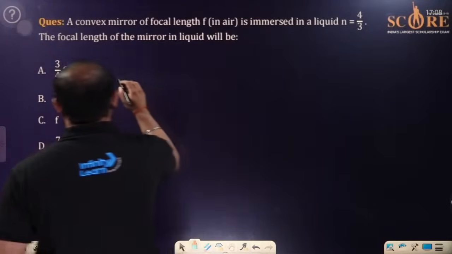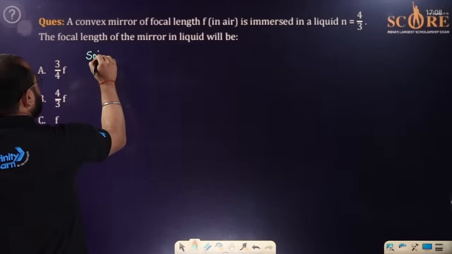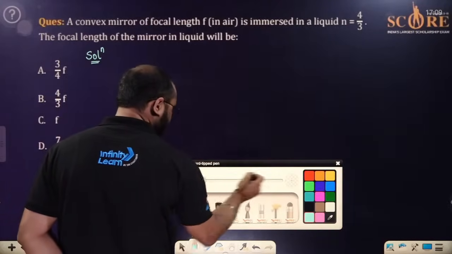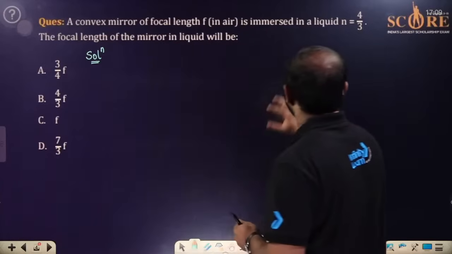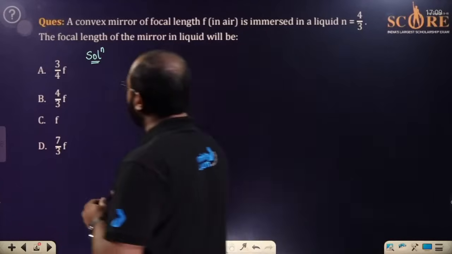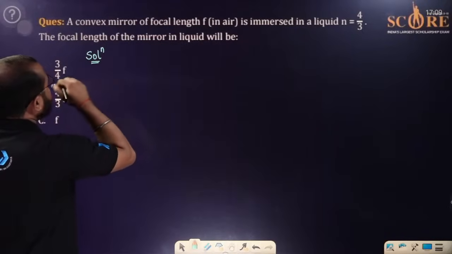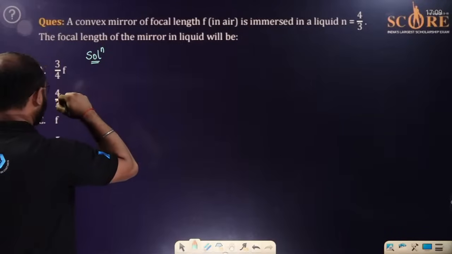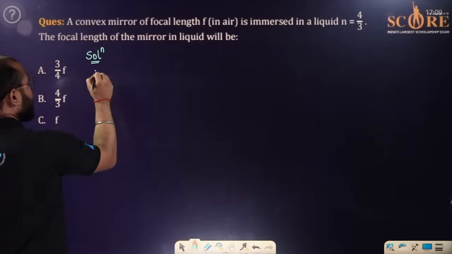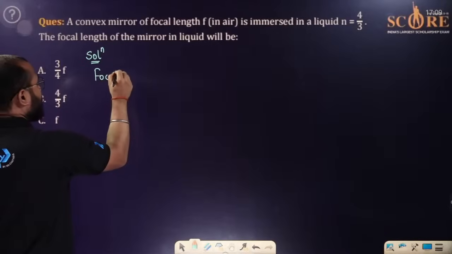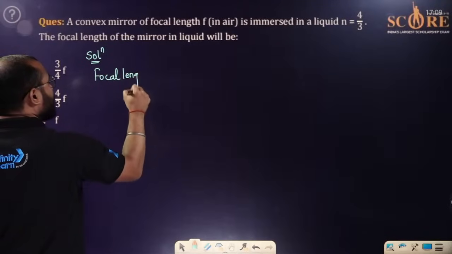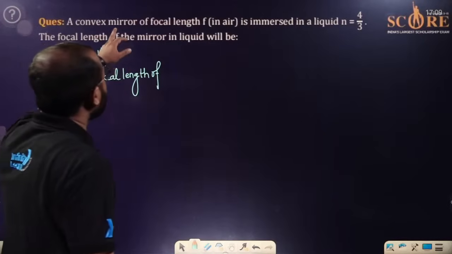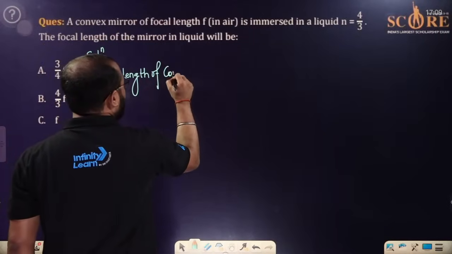Okay, solution for this. Again, it is going to be a logical solution. There will be no theory or formula required. It is a basic simple question. Think about it. When we talk about the focal length, it is all about the convex mirror.